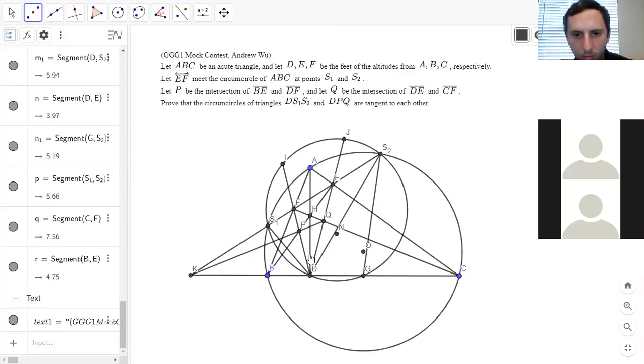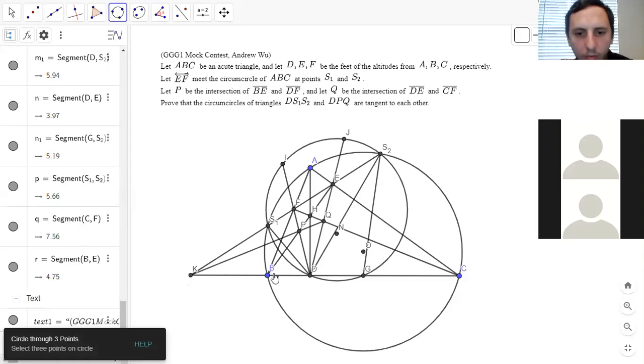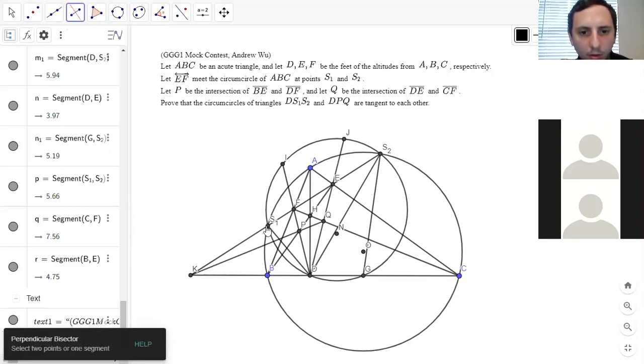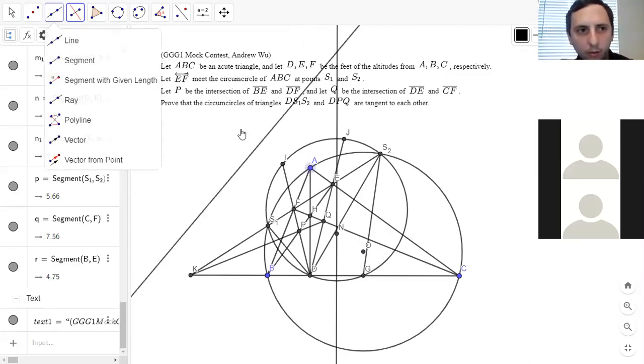So this is my idea. The center of the circumcircle of DS1 and S2 is the intersection of the perpendicular bisector of DG and the line AO.